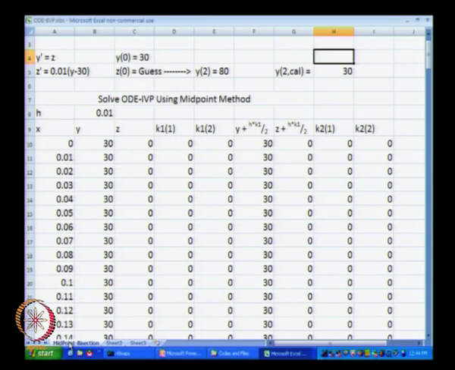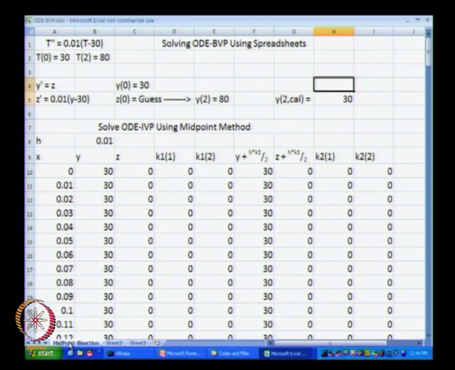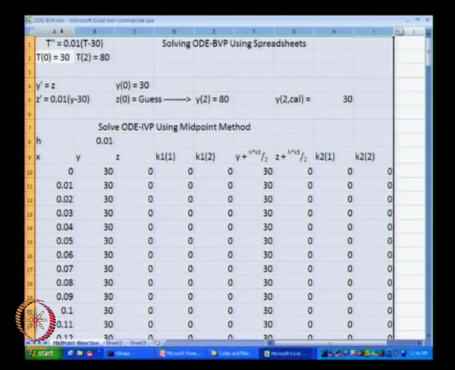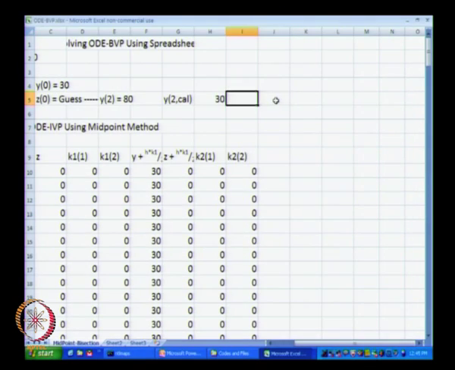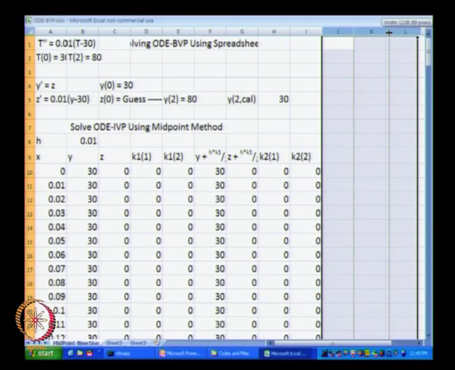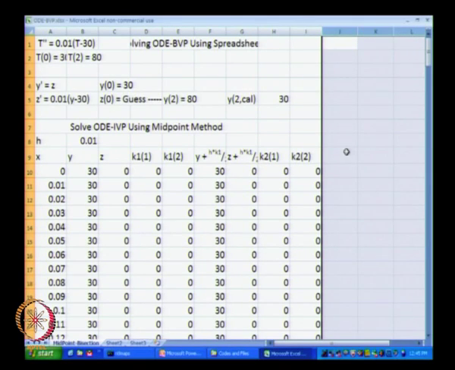So, that is going to be our y2 calculated, okay, and we are going to solve this entire thing using the bisection method. Okay. So, just resize this a little bit so that we can observe everything that happens, okay.